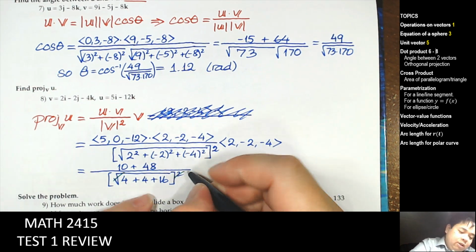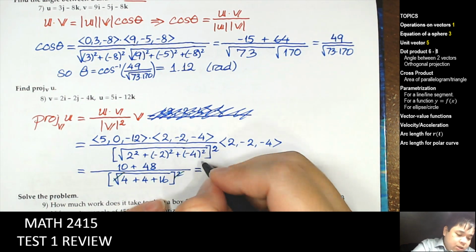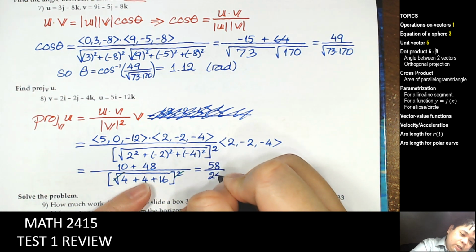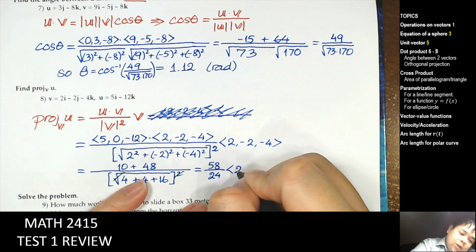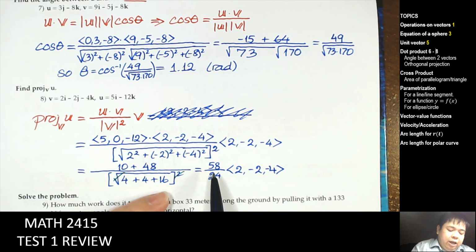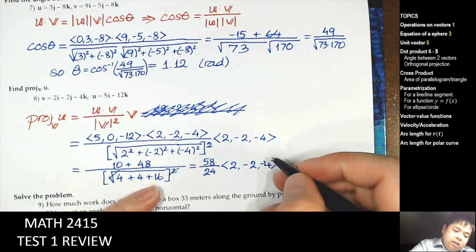So here we just have 58 over 24, 2, -2, and -4. Right, and then we multiply that number to everything.